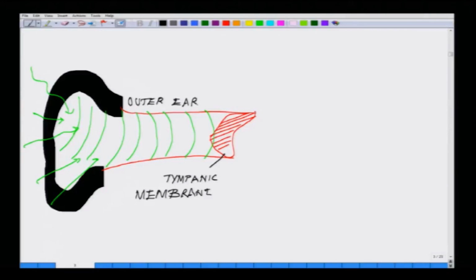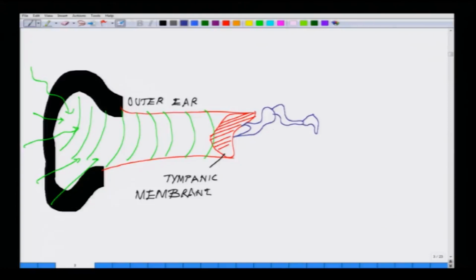Now, the sound wave moves to the middle ear, which consists of 3 different bones. Those bones are arranged like this: malleus, incus and stapes. Okay.